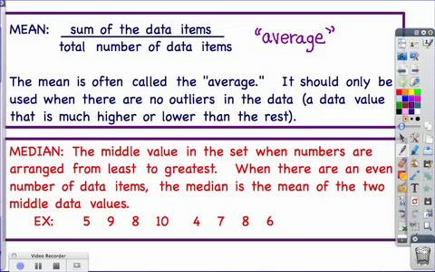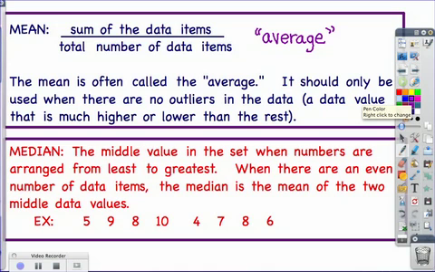When there are an even number of data items, the median is the mean, or average, of the 2 middle data values. For example, if we have 5, 9, 8, 10, 4, 7, 8, and 6, we have 8 data points. We begin by organizing them from least to greatest.